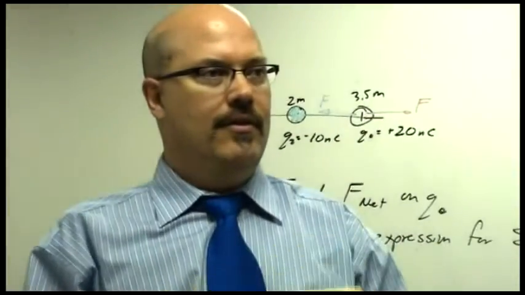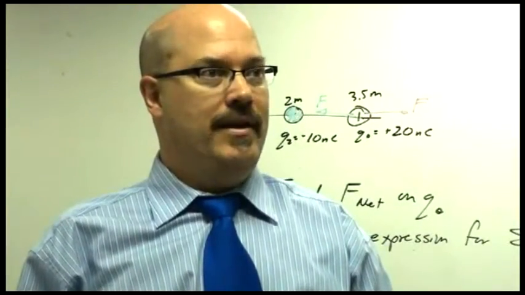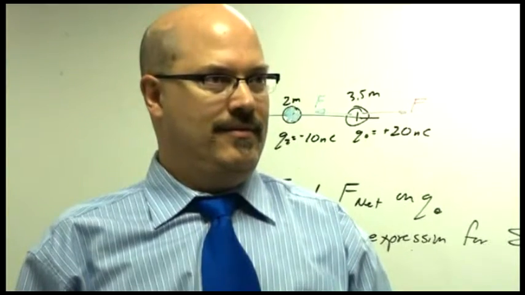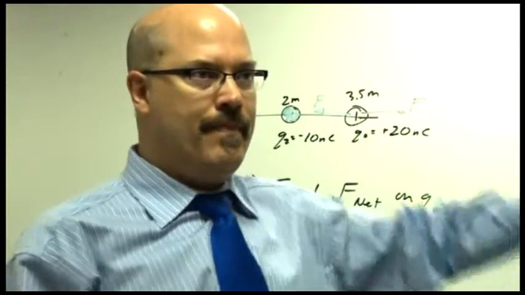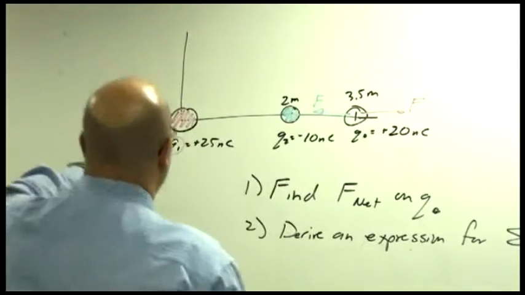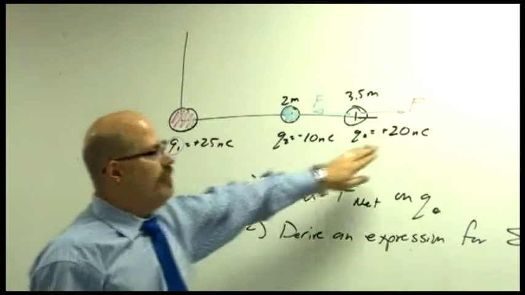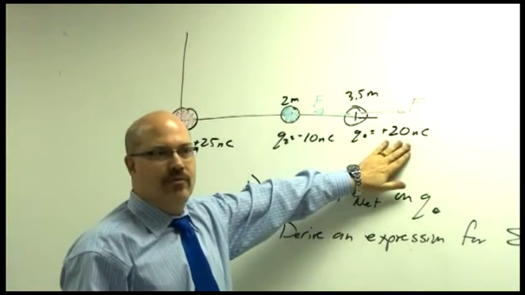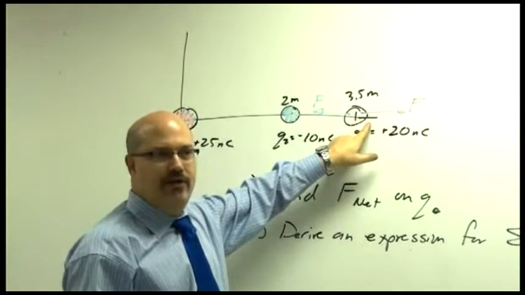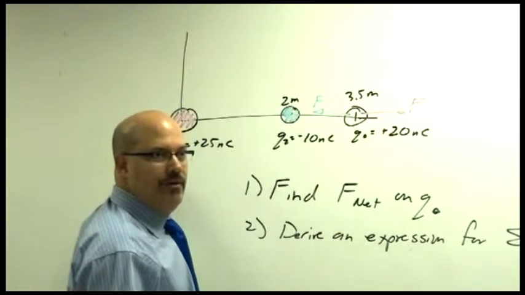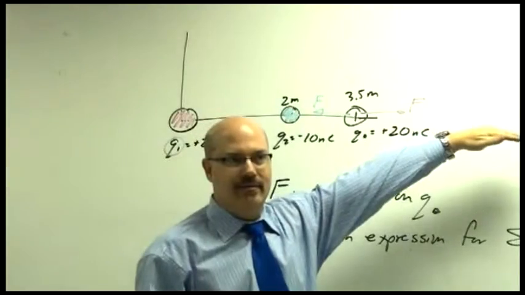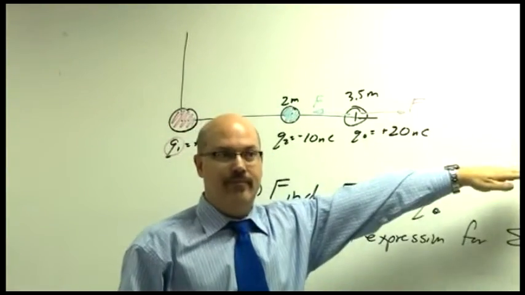Yes? I'm confused on the directions. Okay. This is positive. That's positive. So this one is repelled from that one, right? Isn't that this way, to the right? This one goes to the right because of this one.